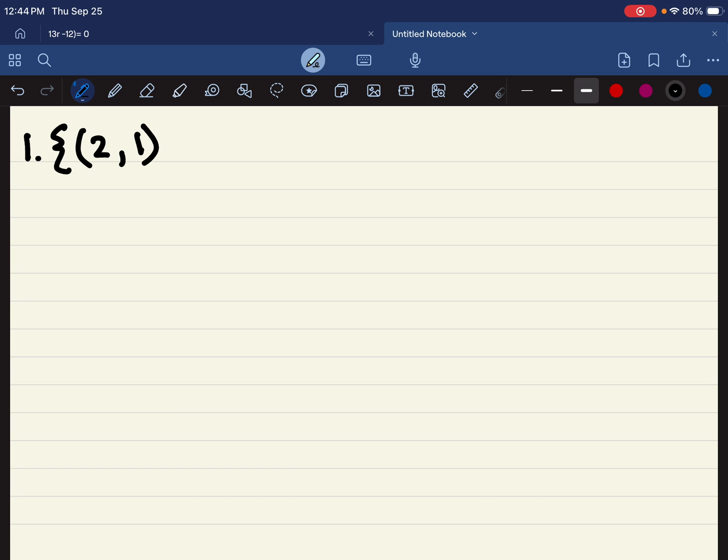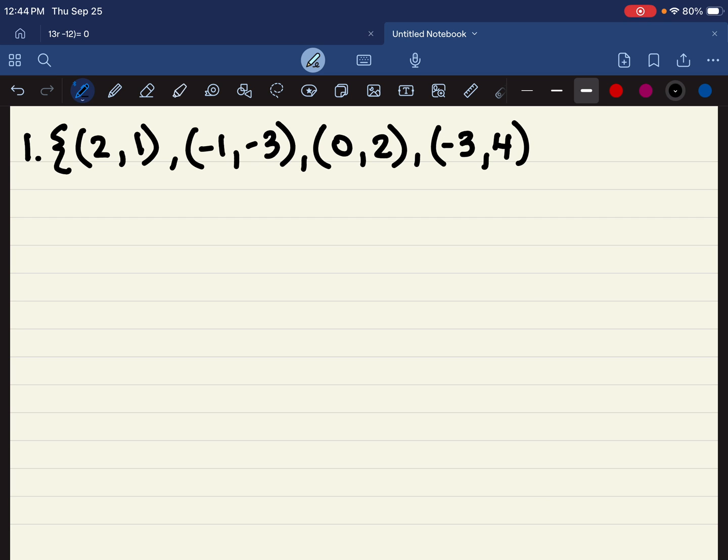We have {(2, 1), (-1, -3), (0, 2), and (-3, 4)}. Those little squiggly brackets just tell you that it's a set of numbers, okay? So we have 4 ordered pairs here. The first thing we're going to do is a table.